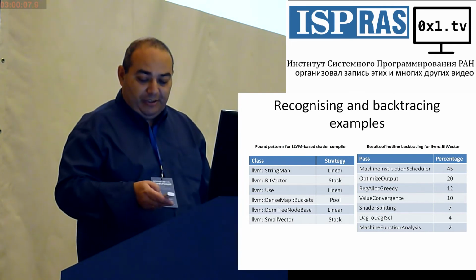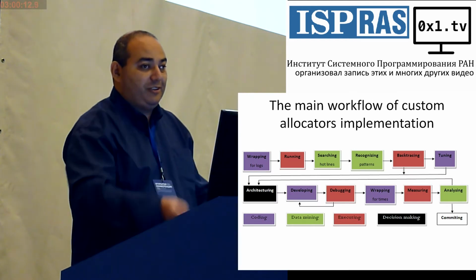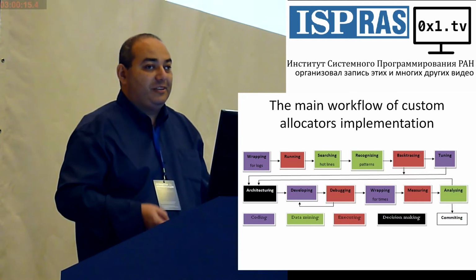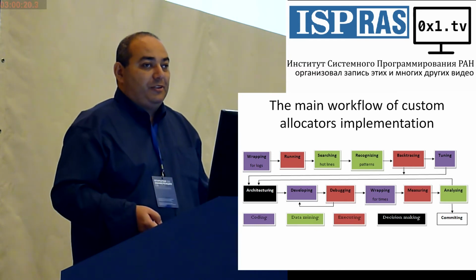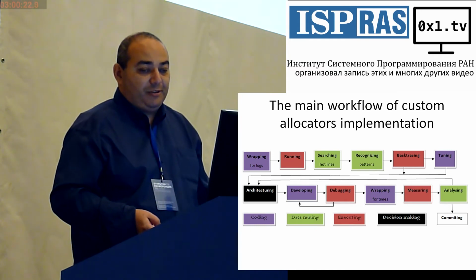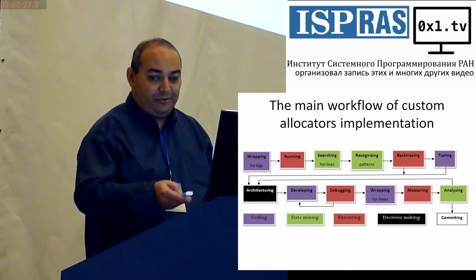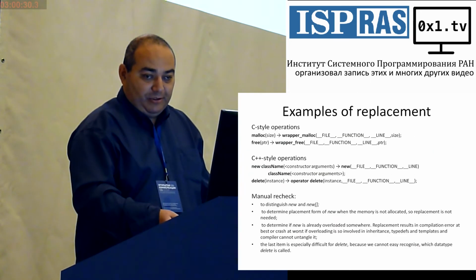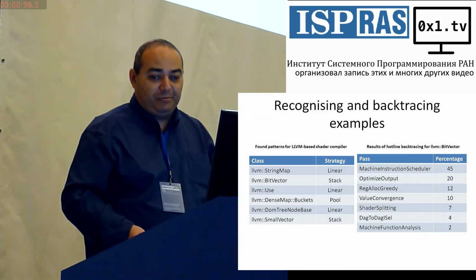For this, the next stage is called backtracing. Using the debugger, you set breakpoints for this malloc, and you collect the backtraces to understand who generates memory and where to put the allocator. The results of the backtracing are in the right table.